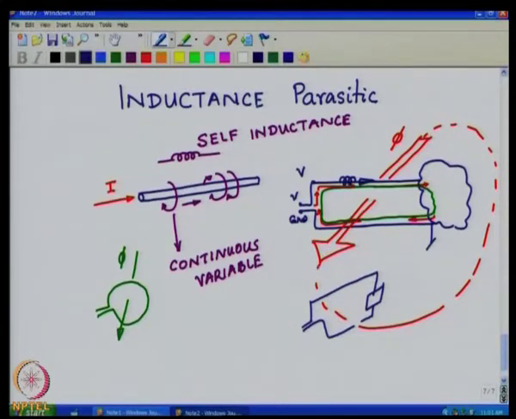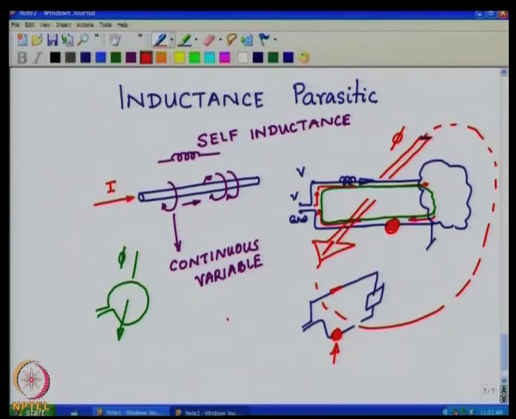Now this flux, when it goes back, since all flux are closed paths, has to always reach where it started. So, this will pass through a loop of another circuit, and it will induce a voltage here proportional to the value which is there in this loop. So, a current flowing here can induce a voltage in this loop, or a current flowing in this loop can induce a voltage in this loop.